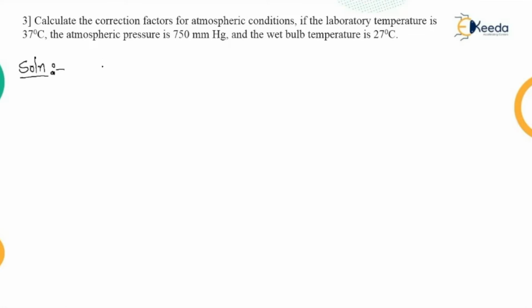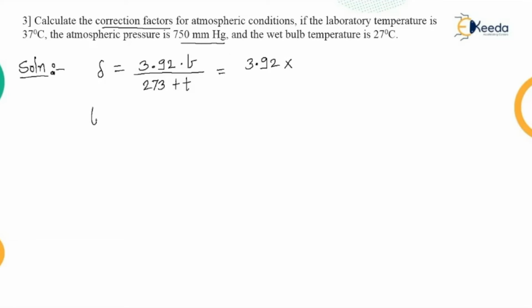This particular numerical is from the sphere gap, where delta is the correction factor, which is given by 3.92 into B, where B is the pressure, divided by 273 plus T. Now 3.92 multiplied by the pressure which is mentioned here, 750 mmHg.